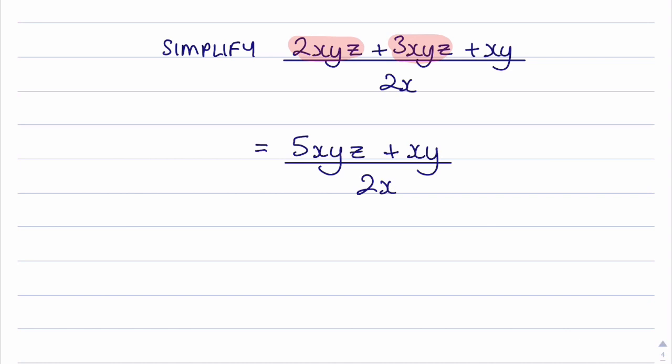Now I can't cancel the 2 from the denominator with any of the terms above, but I do have an x in all of the terms, so I can cancel this x with 1 here and 1 here. So I must cancel in both of those terms in the numerator. And that gives me a final answer of 5yz plus y, and that is all over 2.